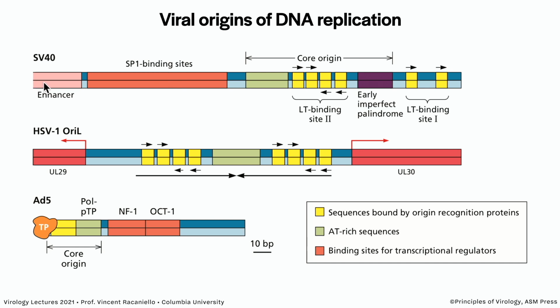Here's an enhancer for it. The ori L of herpes is flanked by 2 different promoters. You can see here by the red arrows. And it's also the case for adenovirus, which is not shown here. These are binding sites for transcriptional regulators, NF1 and OCT1. So these are concentrated areas of regulation, both of DNA replication and of transcription.